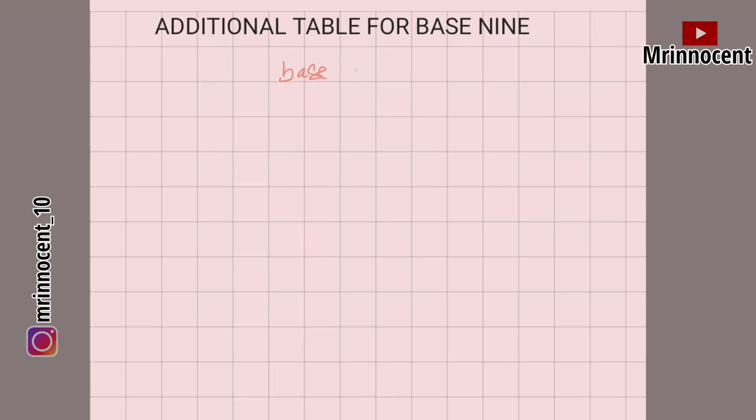In base 9, the possible numbers are 0, 1, 2, 3, 4, 5, 6, 7 and 8, plus 0, 1, 2, 3, 4, 5, 6, 7 and 8.